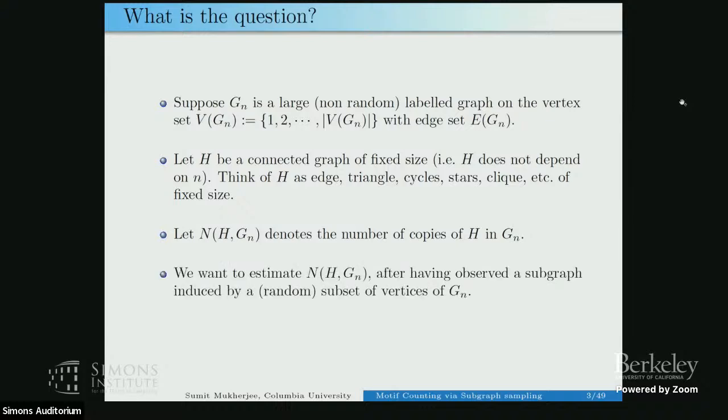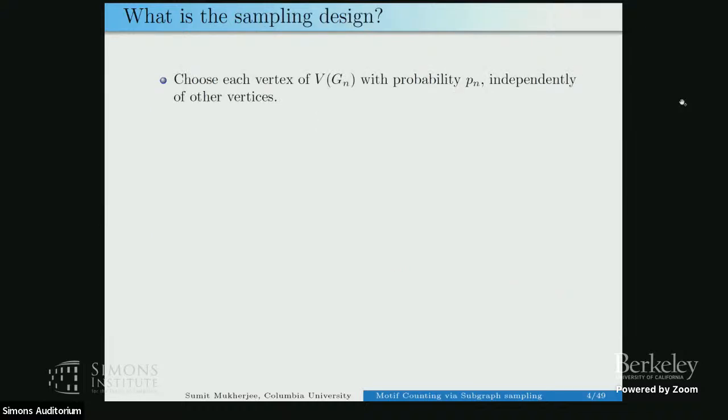And so, since we do not see this graph, we need to see something. And so what we are going to see is a random subgraph of this big graph. So let's try to explain the sampling mechanism for this talk. It's going to be a very simple sampling mechanism. For each person in your network, or for each node in your graph, decide whether you want to keep that person in your sample or not. So with probability p_n, which is again allowed to change with n, and ideally I'm thinking of p_n sparse.